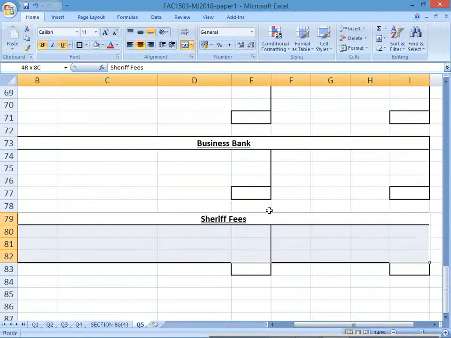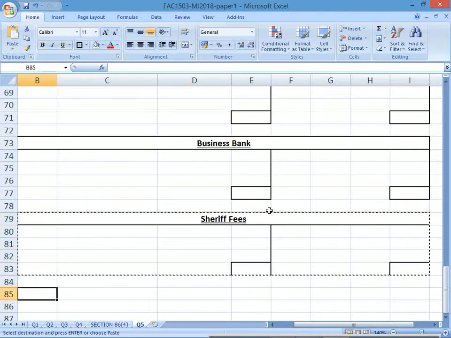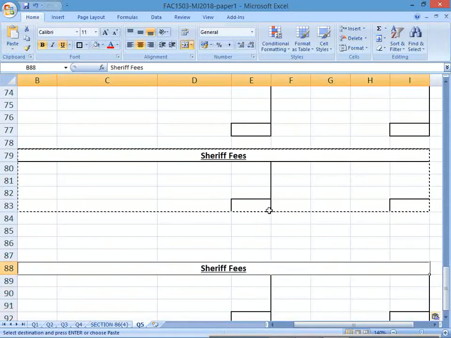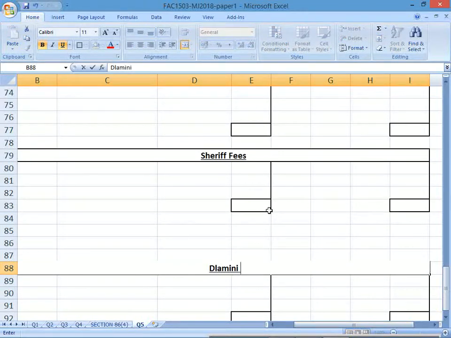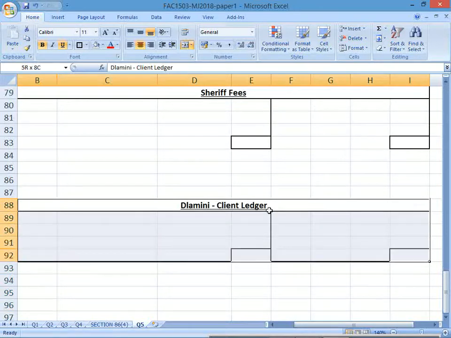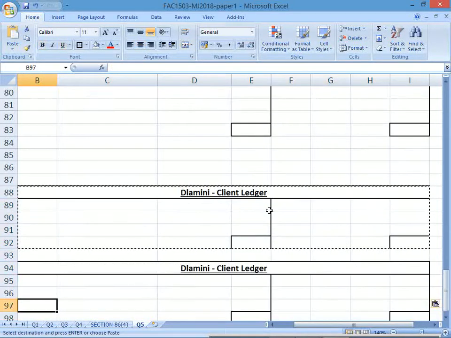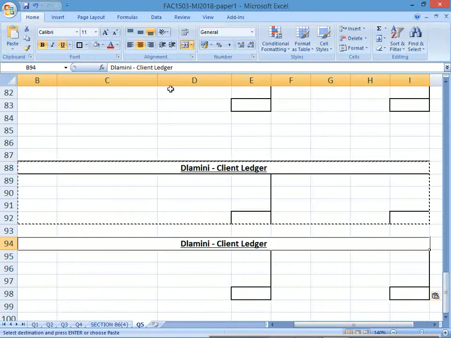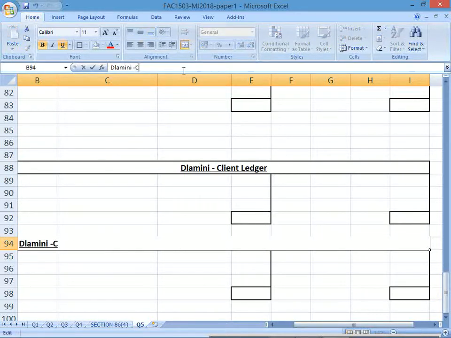Client ledgers, that's an individual account for the clients. So Glamini. Client ledger. That would be like the client control, and then this would be the liability. Credit trust creditors.